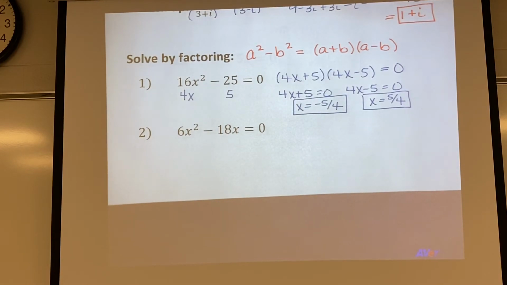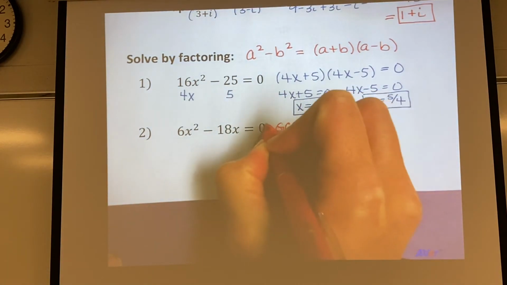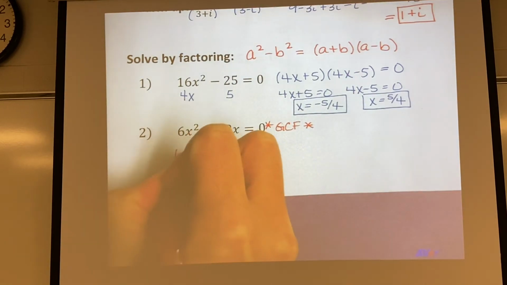Now number 2 is not a perfect square when we look at it. 6, we can't take the square root of that, 18 can't take the square root of that, but when we are factoring, we should always look for a GCF first, and this one is no different. So there's a GCF that goes into both of these, and that would be 6x.